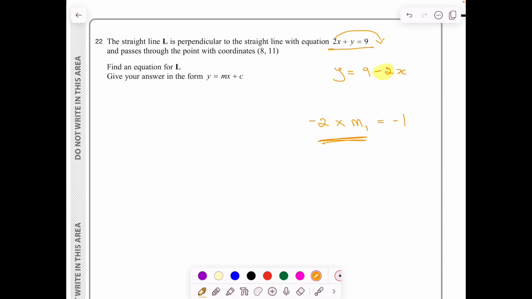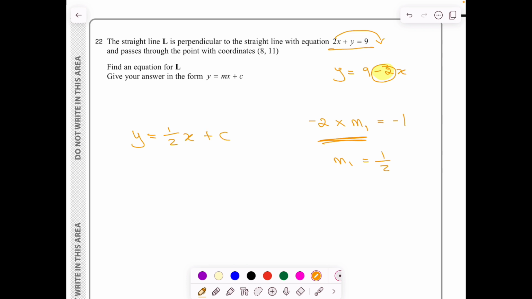And so you can either do it on a calculator, or some of you remember that to find the perpendicular gradient, you just flip this and change the sign. Either way, it doesn't matter. You should realise that now the gradient is +1/2. So now we know that our equation looks like this. y equals 1/2 x plus something.